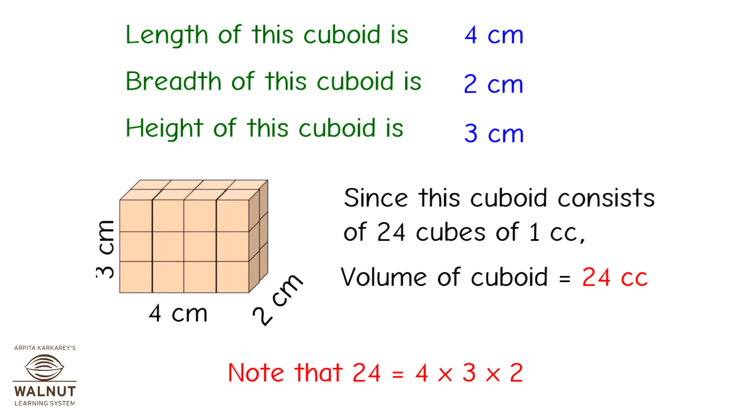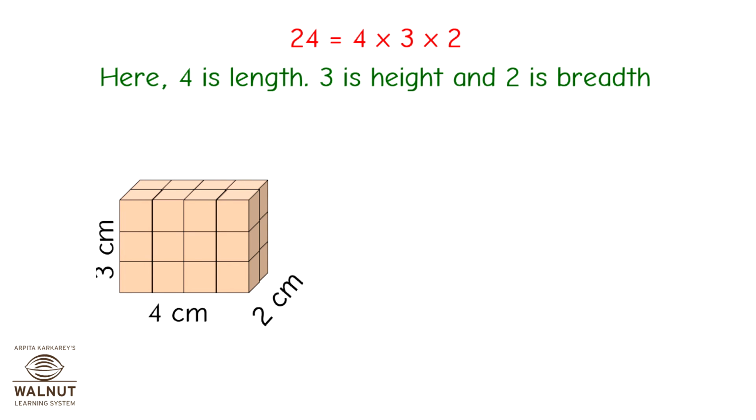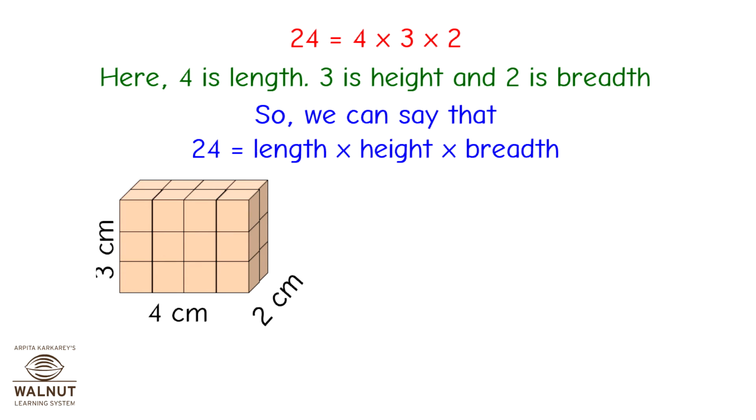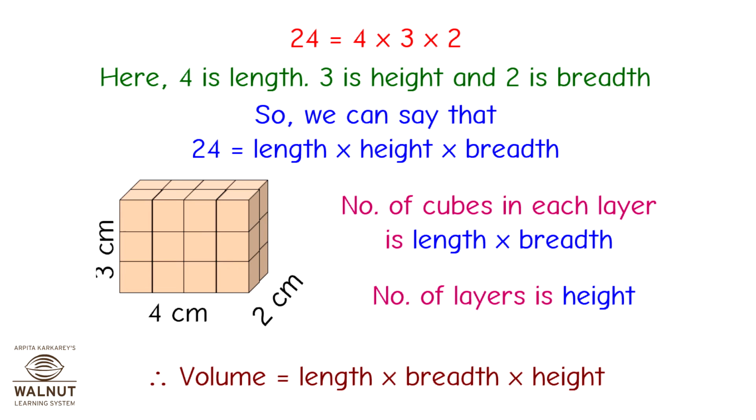Note that 24 is equal to 4 into 3 into 2. Here, 4 is the length, 3 is the height and 2 is the breadth. So we can say that 24 is equal to length into height into breadth. Number of cubes in each layer is length into breadth. Number of layers is height.